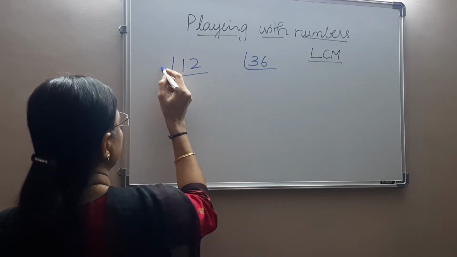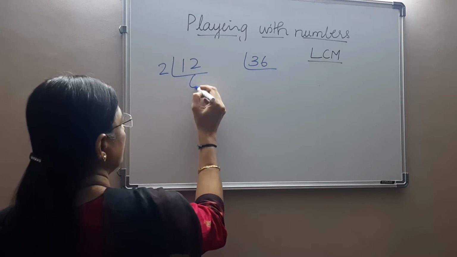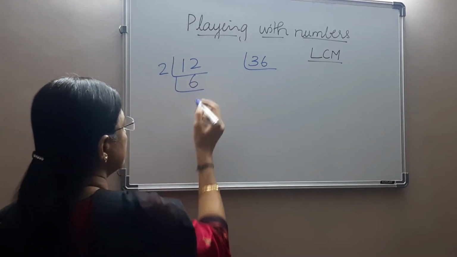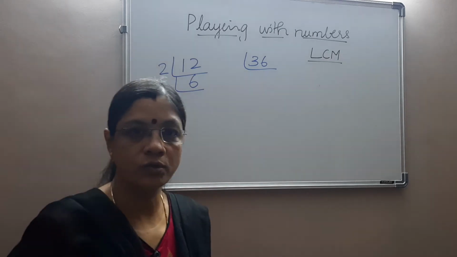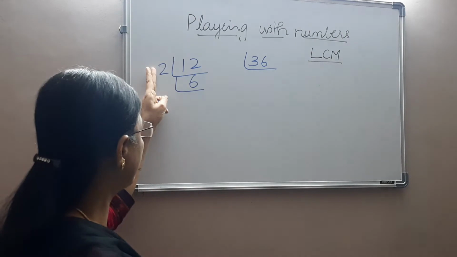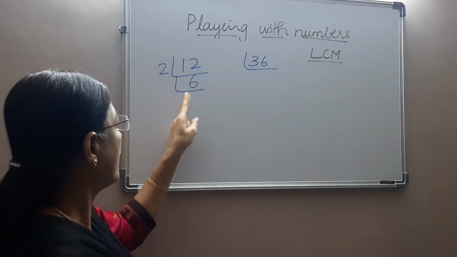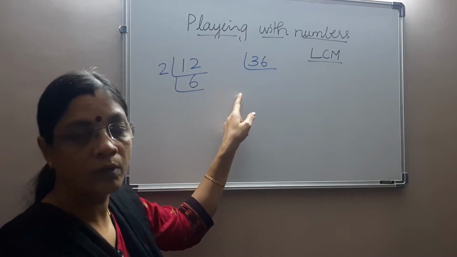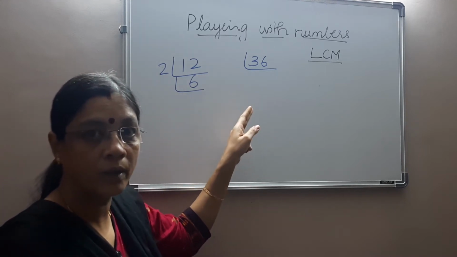This is also the prime factorization method. I need to select only prime numbers, because this is prime factorization, and I need to see that it divides exactly without any remainder.